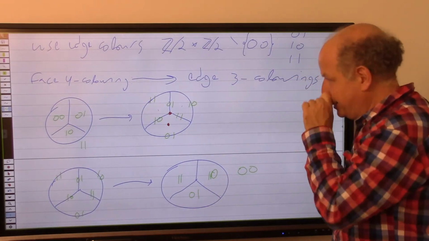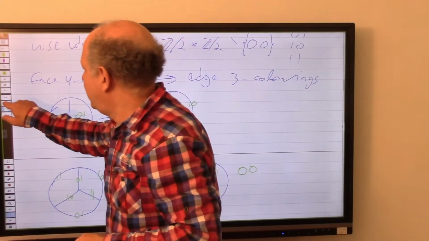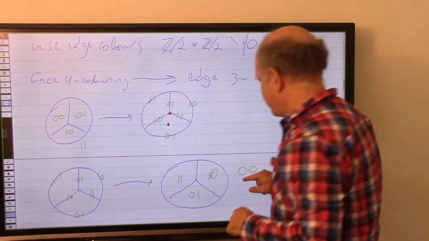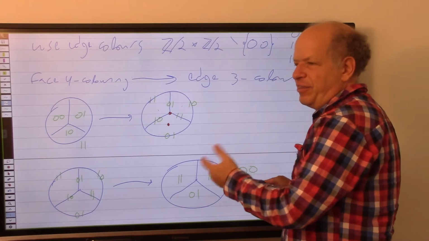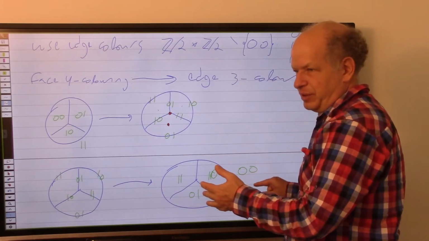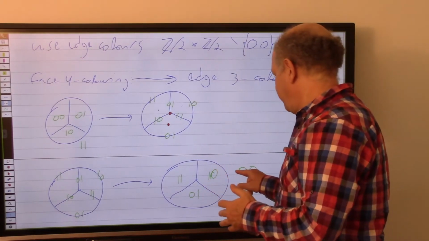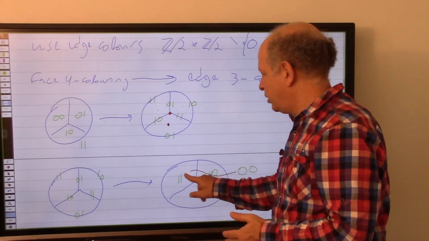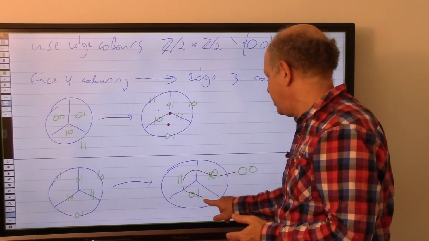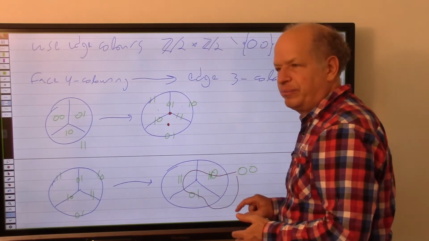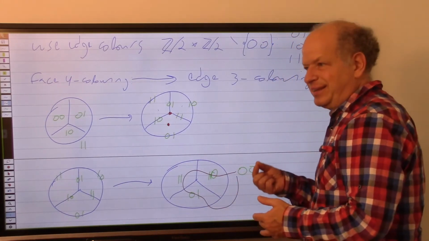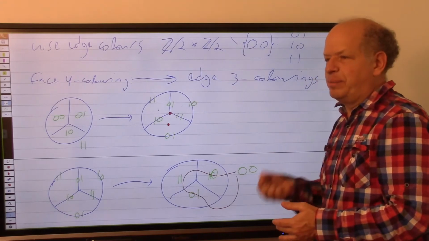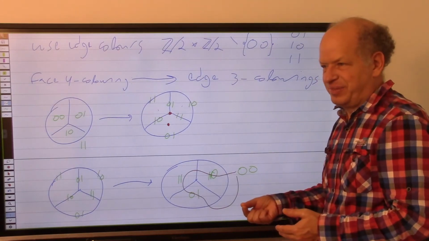But the next thing you have to check is that if you make a path in the graph, so, you know, if I start from 0, 0, and I cross into here, then I cross into here, then I cross, then I come back to 0, 0, I have to check that the colors that I will get along the path are consistent.